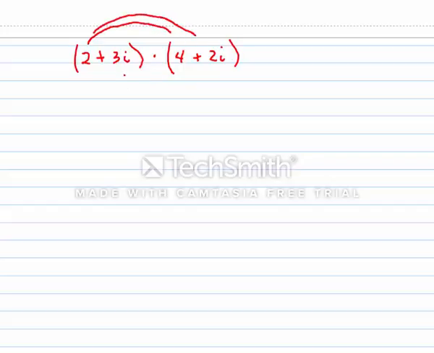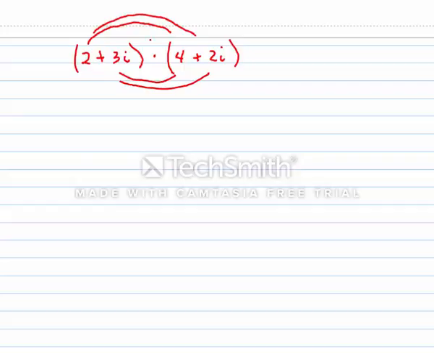So what about multiplying numbers? Well, we could have 2 plus 3i, and we could multiply that by 4 plus 2i. And how do we do that? Well, we just do the distribution. We distribute 2 across these, and then we distribute the 3i across those, just like we would with any numbers.